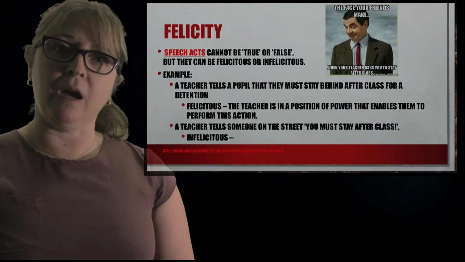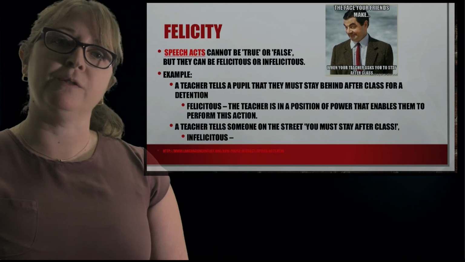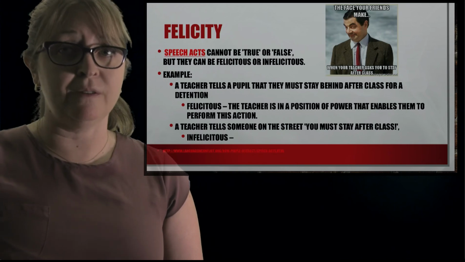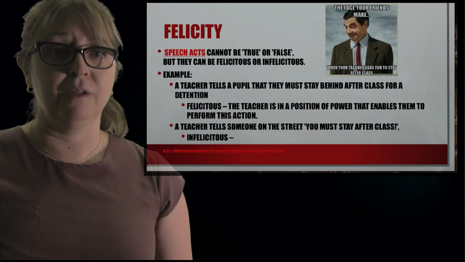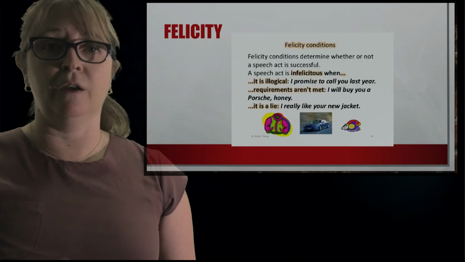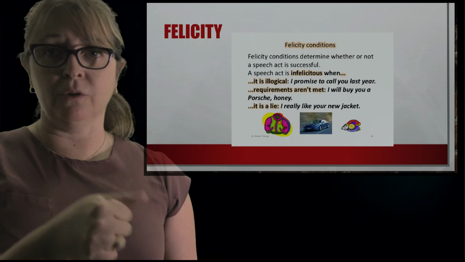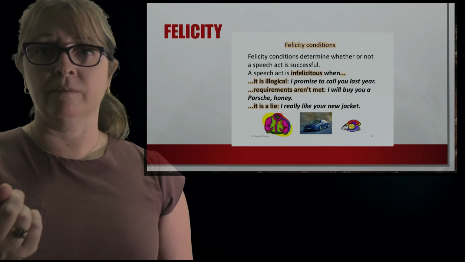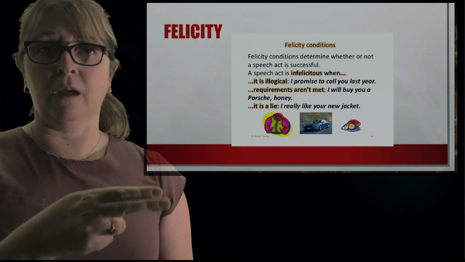Speech acts cannot be true or false, but they can be felicitous or infelicitous, right? So here again, you have logical or illogical, meeting requirements, and is it a lie?